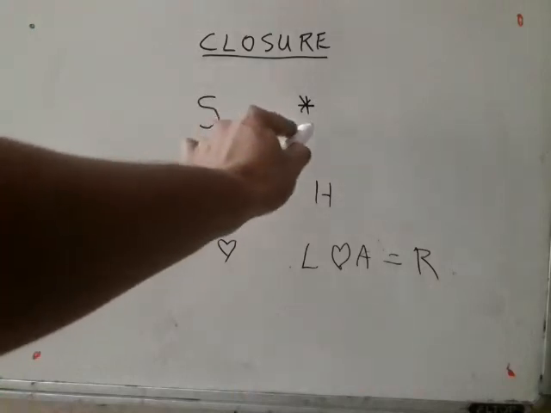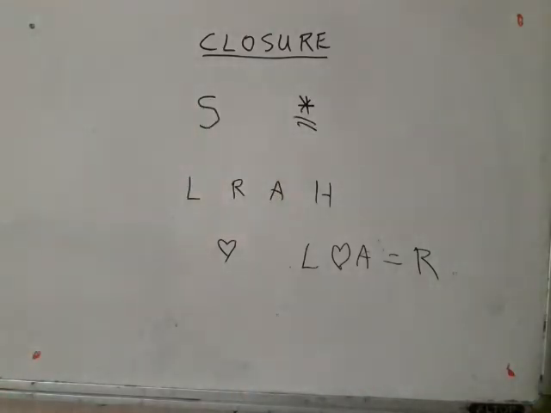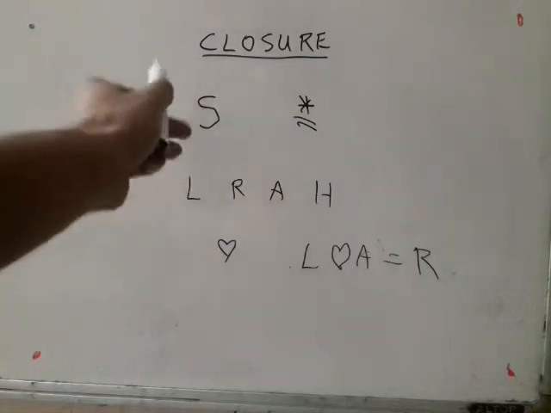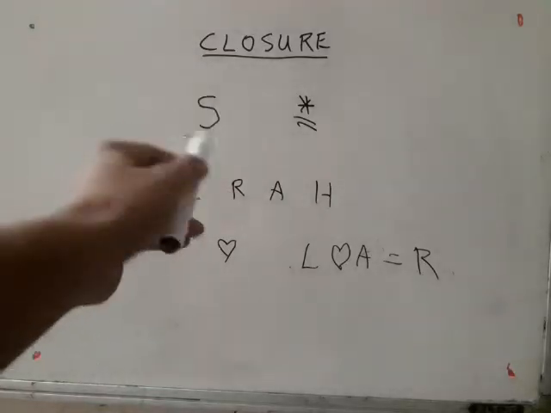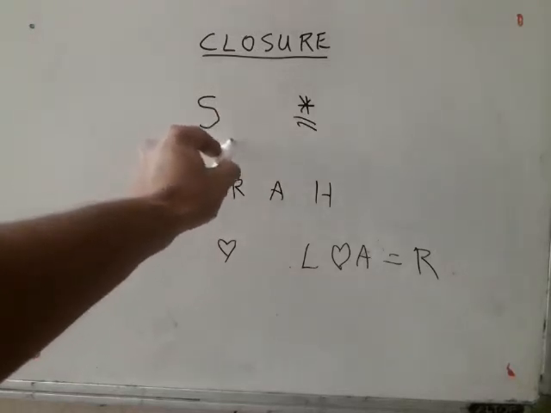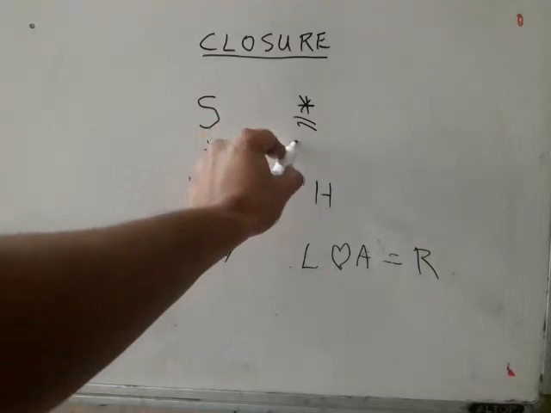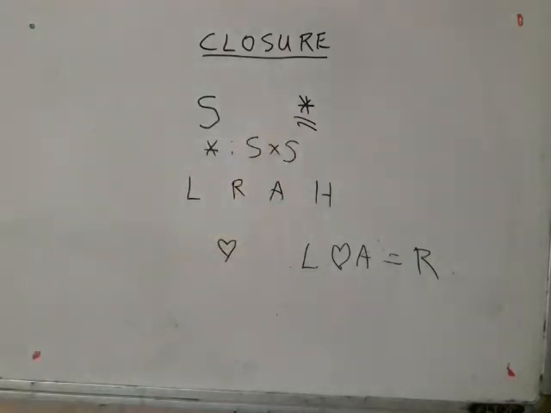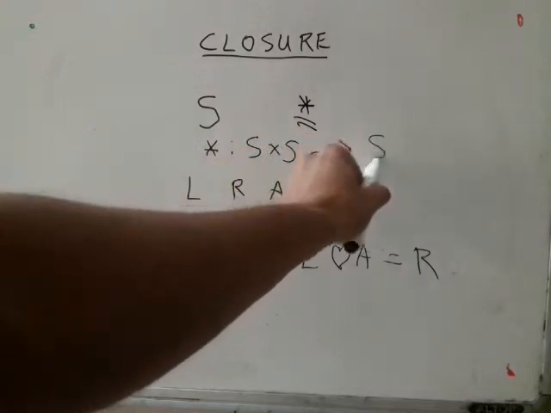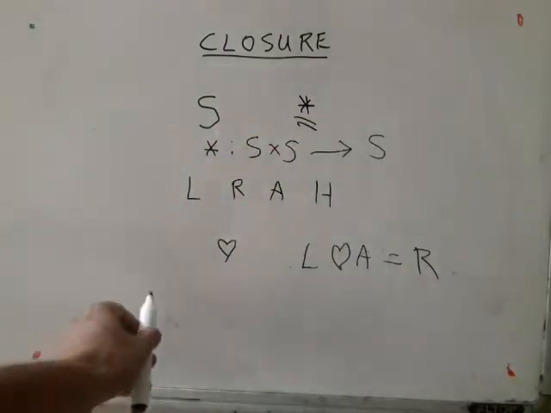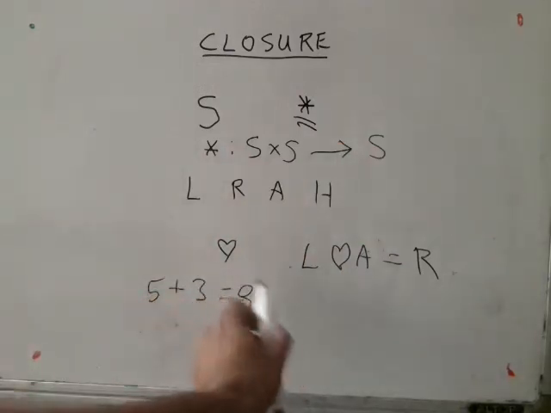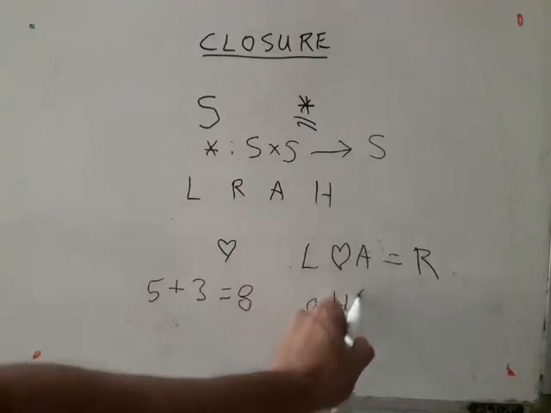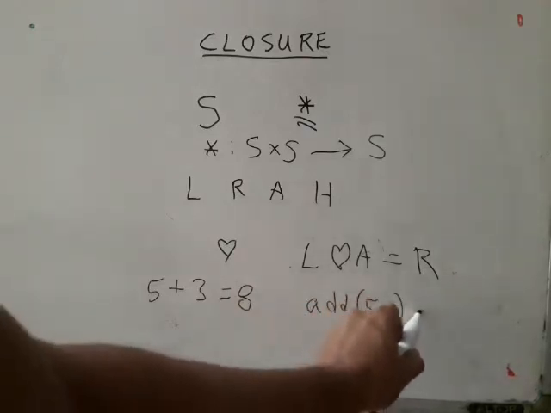So what is meant by saying that this is a binary operation on S? This means take any two elements of S, combine them using star, and you will get another element of S. Mathematically, star is like a function which takes two elements of S, so it takes a pair of elements of S, that is S cross S, to S. Like if I say 5 plus 3 is equal to 8, I might as well think that plus is a function, call it add, add(5, 3) is equal to 8.